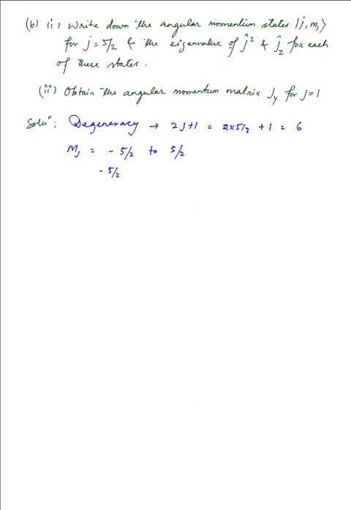We'll take these values: negative 5 over 2, negative 3 over 2, negative 1 over 2, then 1 over 2, then 3 over 2, and then 5 over 2. And j is going to be all those states that we have, that is half, 3 over 2, 5 over 2.